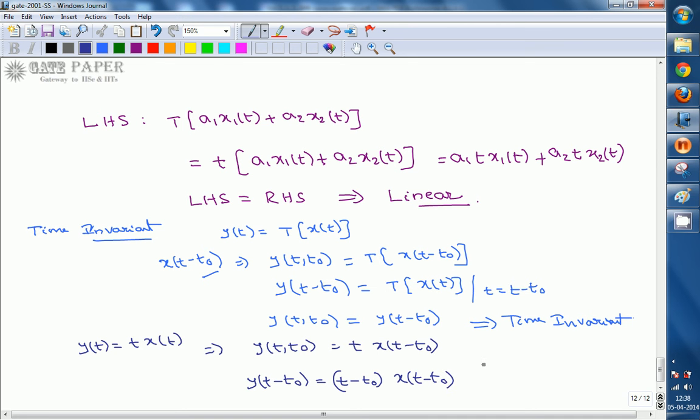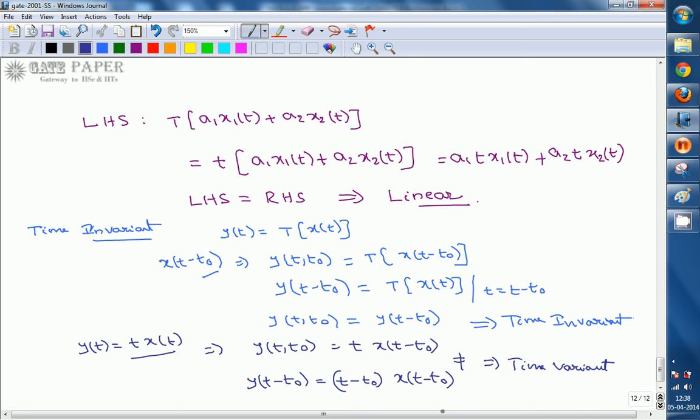We can observe that these two are not equal, so the system is time variant. We can simply remember that whenever the signal x(t) is multiplied with time, the system is always time variant.